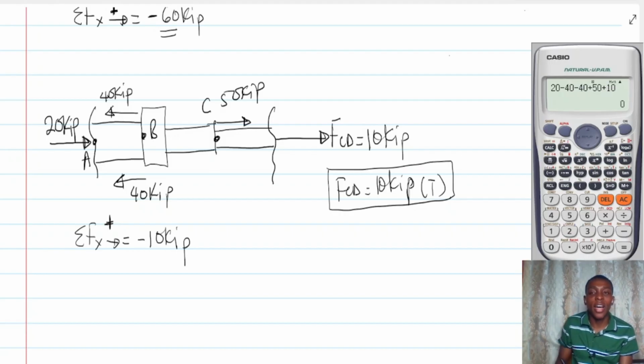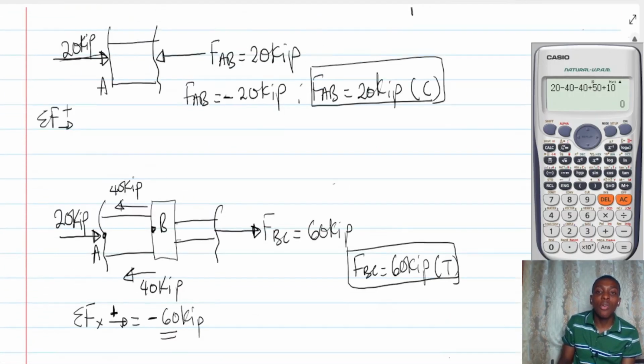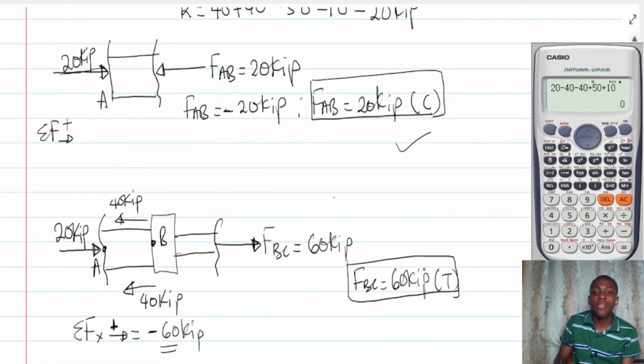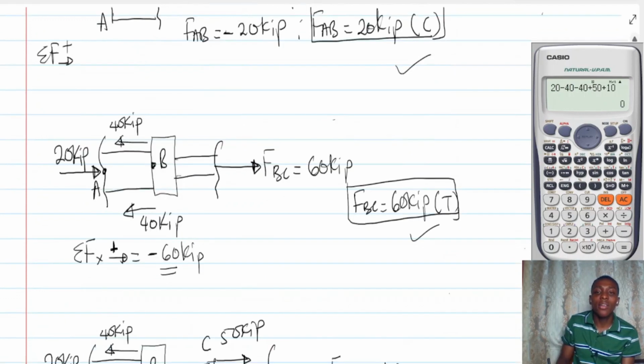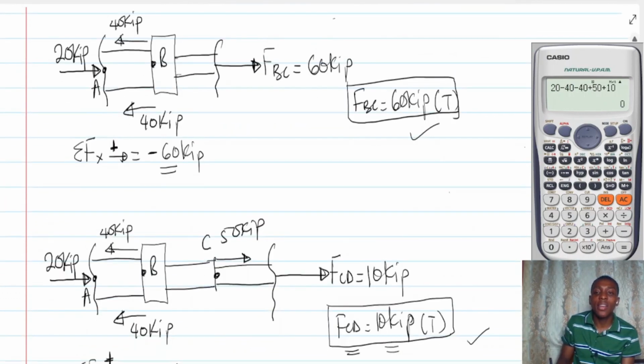Boom. So we had 0. Why did we get 0? It means that the force required to make this portion be in equilibrium is the FCD, which we have gotten as 10 kip. I hope the concept is clear. We've been able to solve for FAB, compressive, FBC, tensile, FCD, tensile.